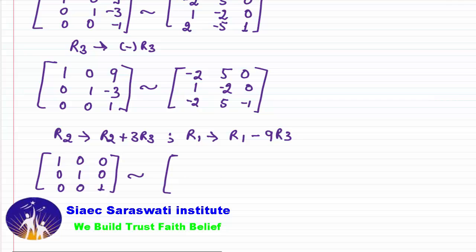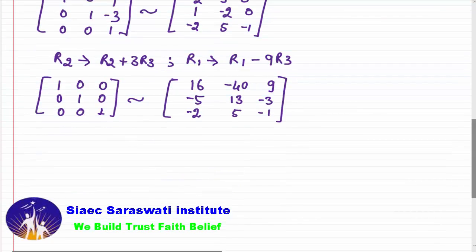Okay, so it will be 16, then after it will be minus 40, it will be 9, it will be minus 5, it will be 13, it will be minus 3, minus 2, 5, minus 1.